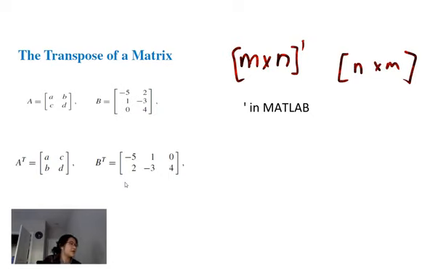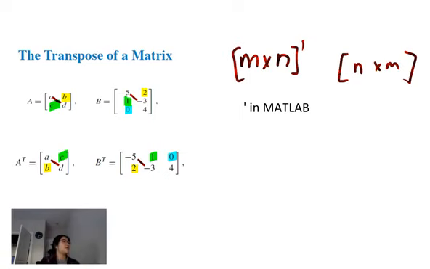Our main diagonal stays the same, but our other entries swap around. So B goes down there, C swaps up here, our 0 goes up there, our 1 goes over here, and our 2 is there. You see the swapping of those positions.